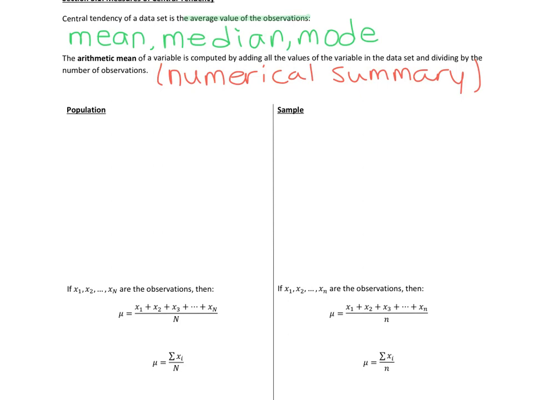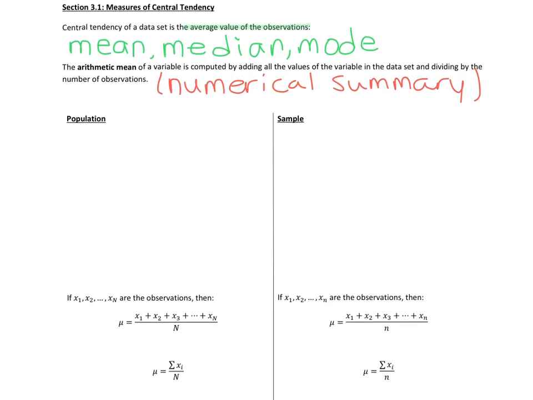So first of all, we're talking about numerical summaries. Remember, a numerical summary for a population is called a parameter. So I'm going to write that to remind ourselves. And a numerical summary for a sample is called a statistic.